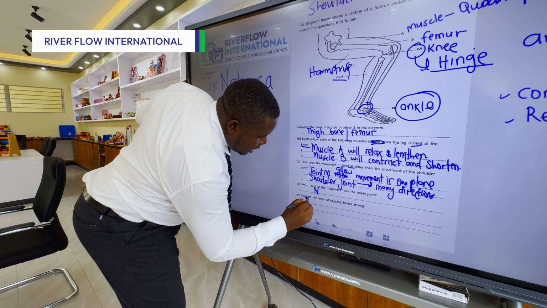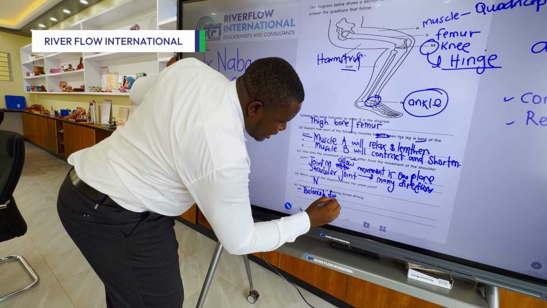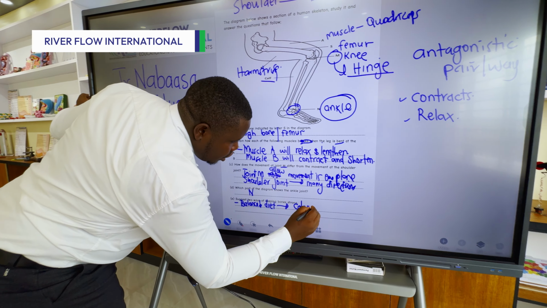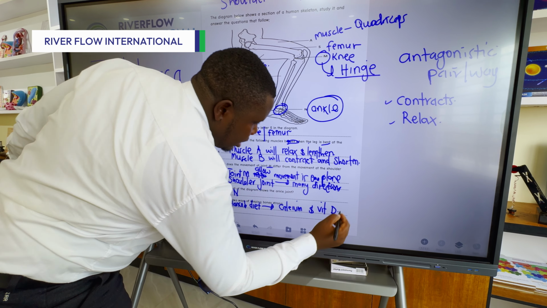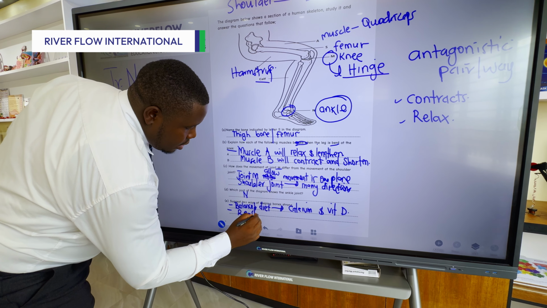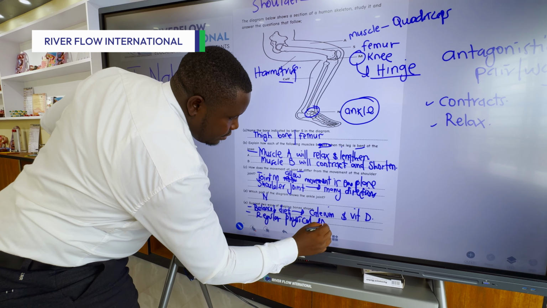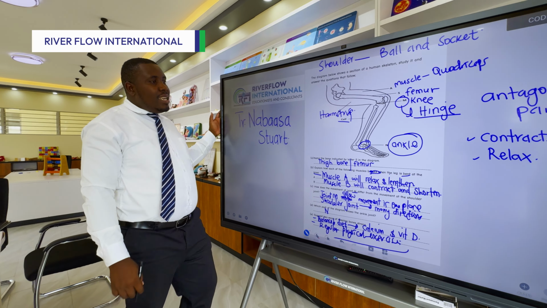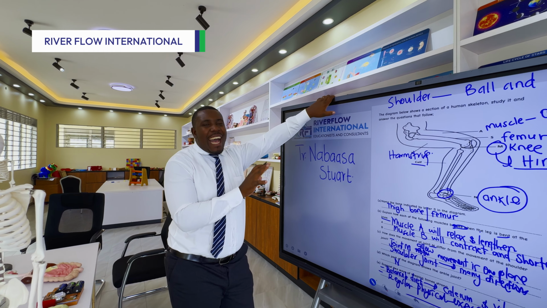Number one, a balanced diet, which should be rich in calcium and vitamin D. Then you can also have regular physical exercises. This number is as complicated or as simple as this.